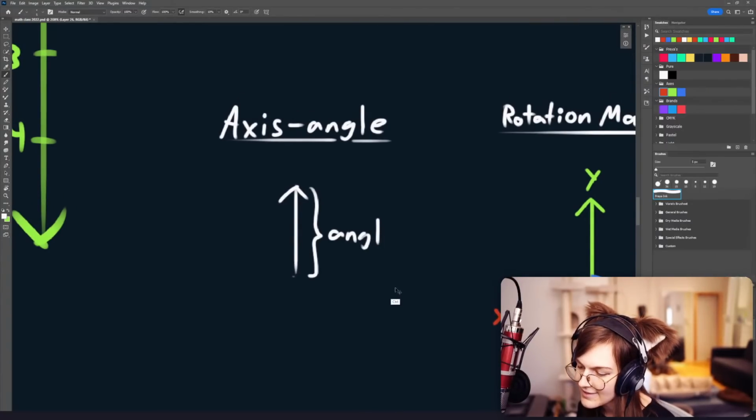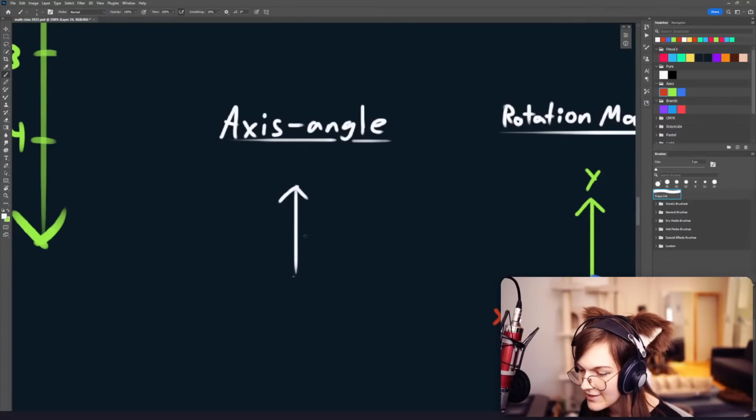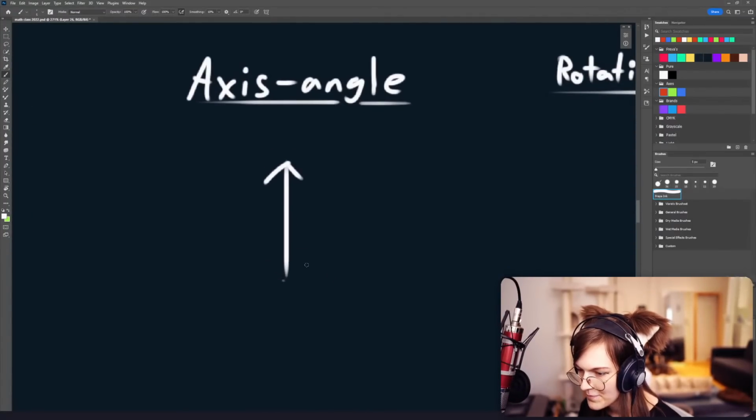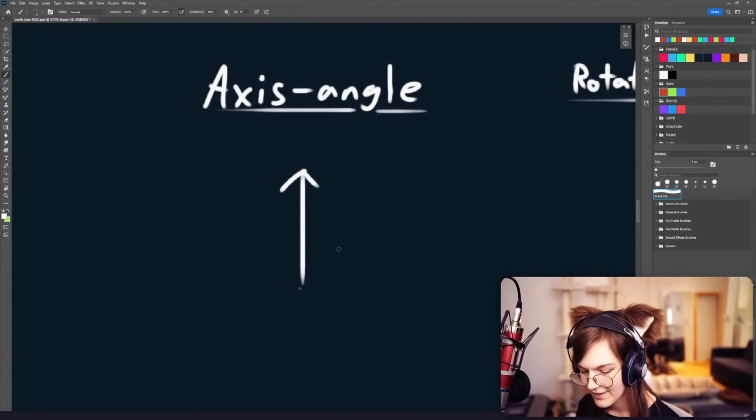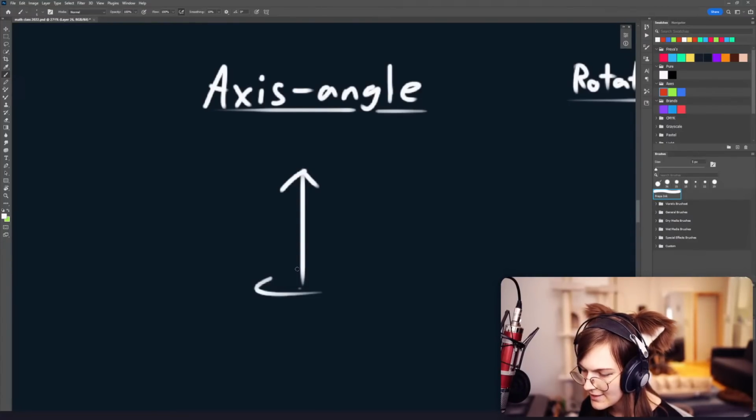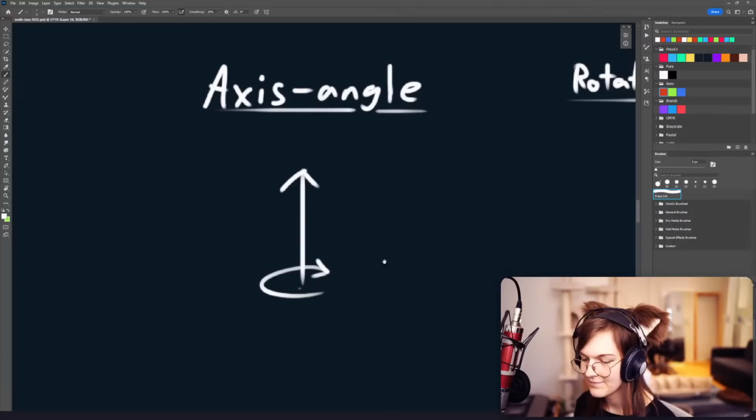What that means is that the longer this vector is, the more it is rotated around that very same vector. And the direction it's rotating in is according to the left-hand rule. So in this case, it would be in this direction, because again, Unity is left-handed.